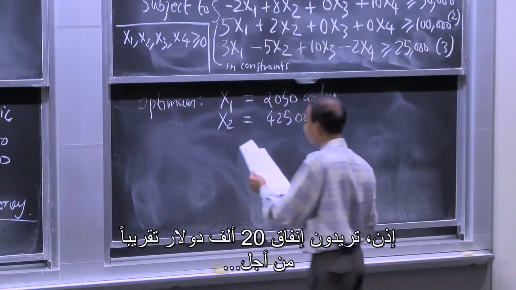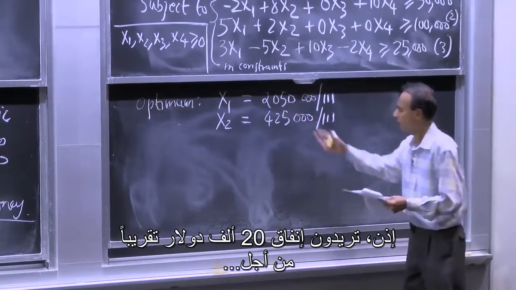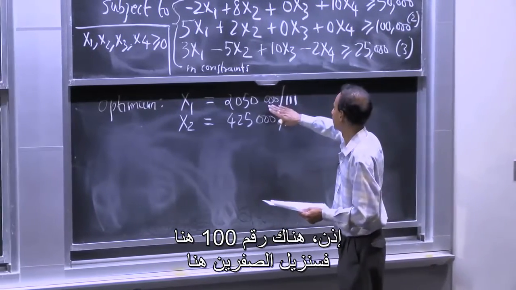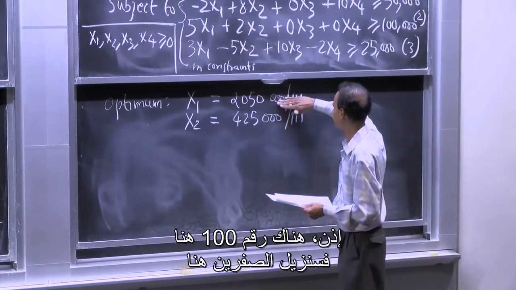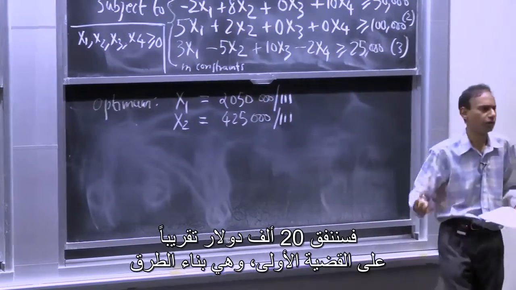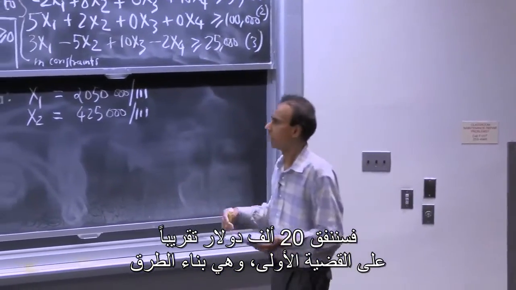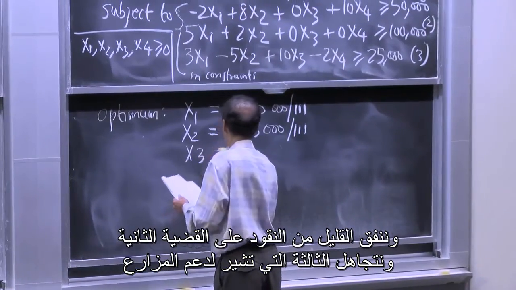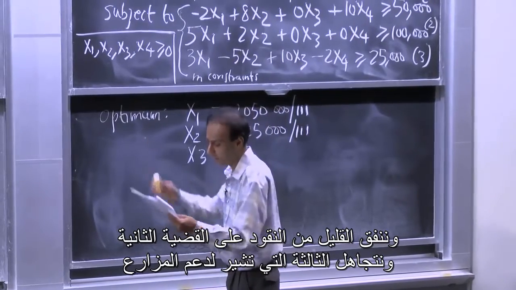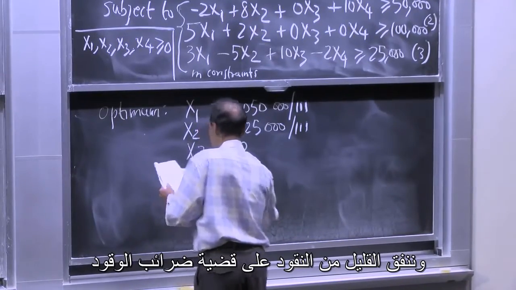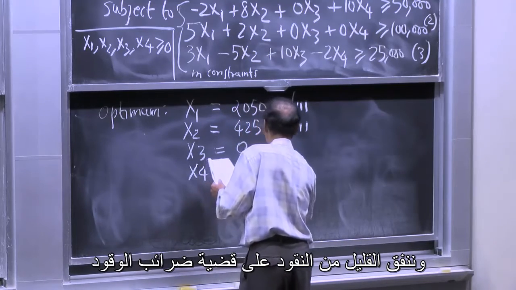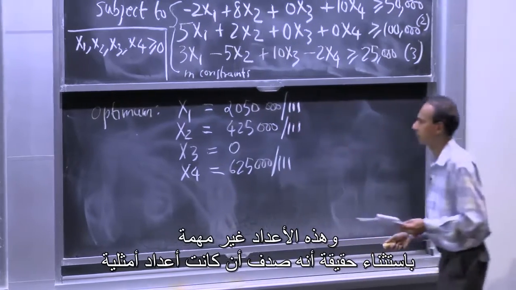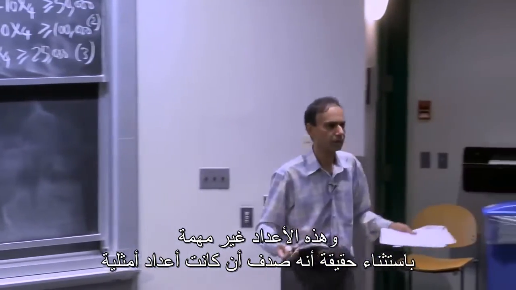So you want to spend something of the order of $20,000, so there's 100 here, so take away the two zeros. So spend something of the order of $20,000 for the first issue, building roads. Spend a bit of money for the second issue. Ignore the third, corresponding to farm subsidies. And spend a bit of money for the gasoline tax issue. And these numbers aren't important other than the fact that they happen to be optimum.